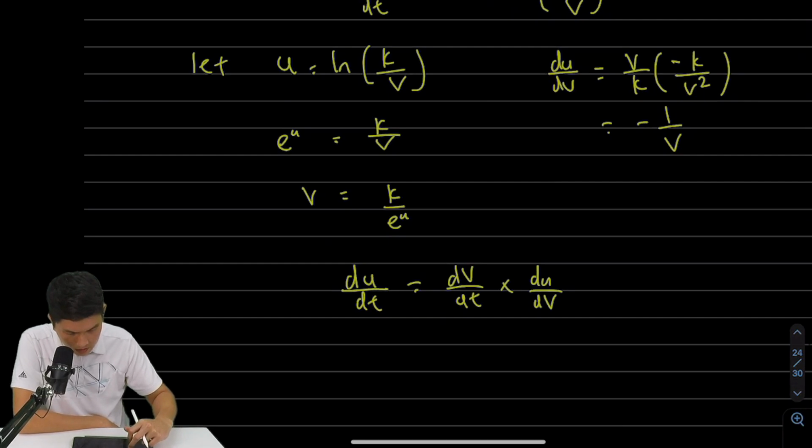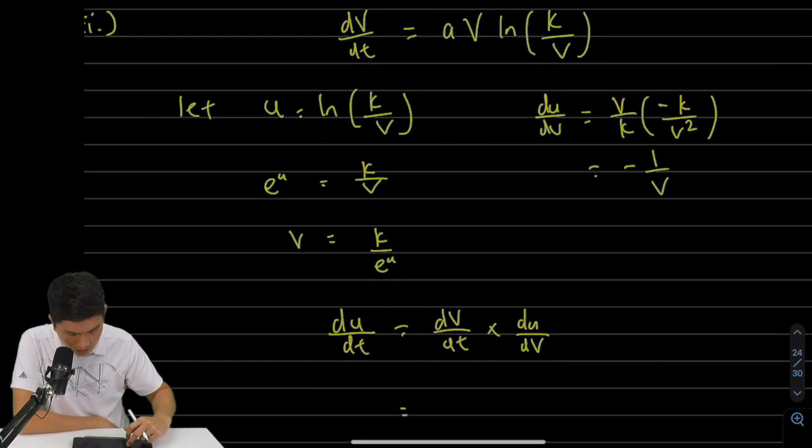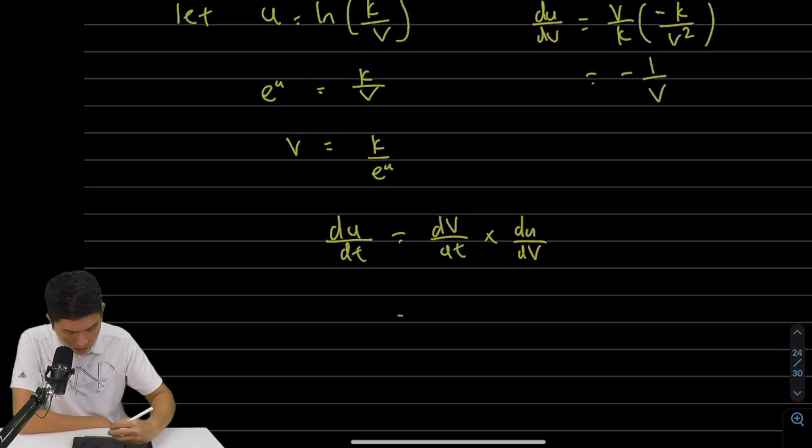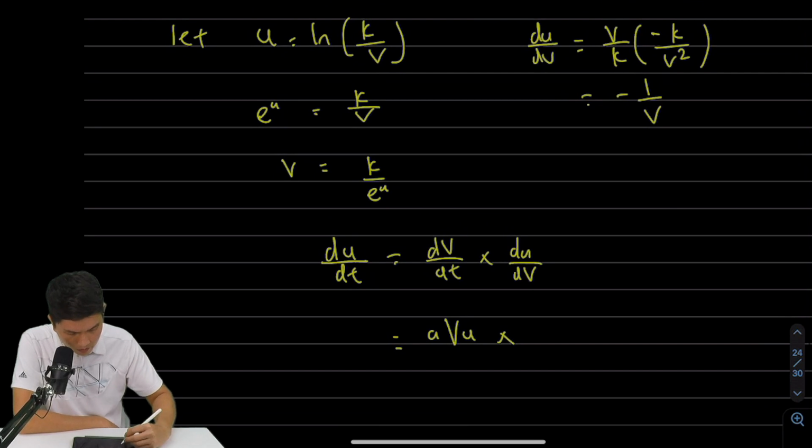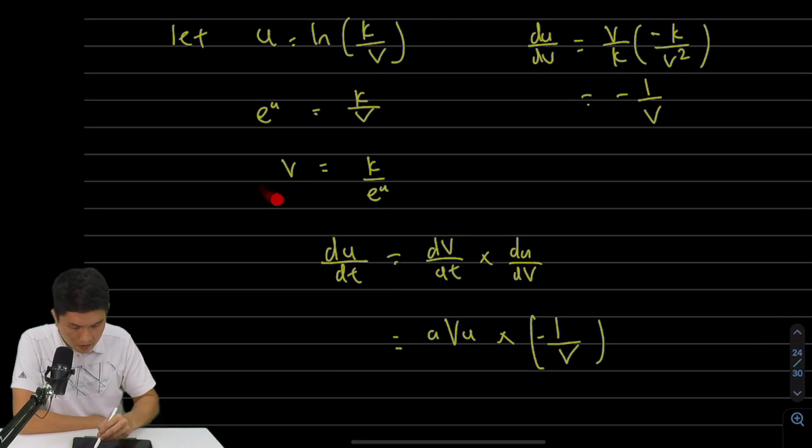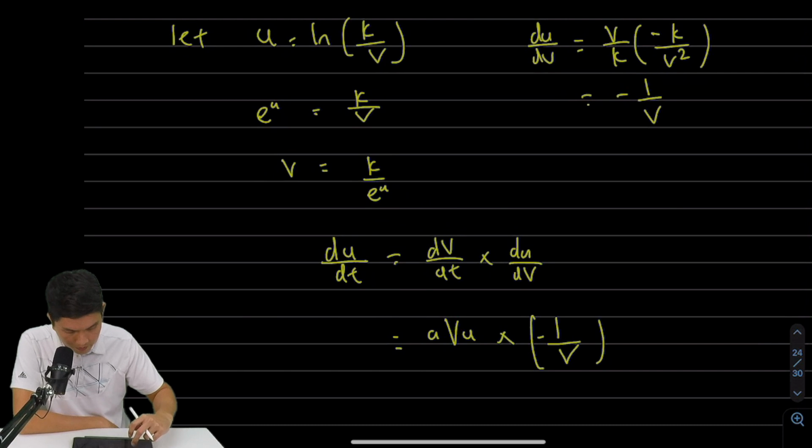Okay, so dv dt is going to be this one, a times v times u, times du dv, which is negative 1 over v, which nicely cancels out with this v over here. So actually I didn't even need to use this substitution.